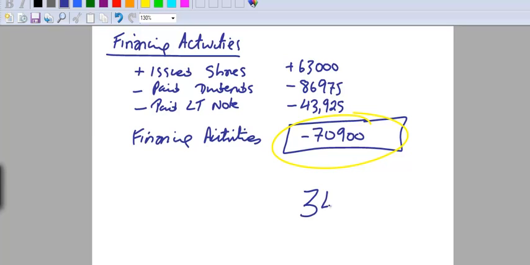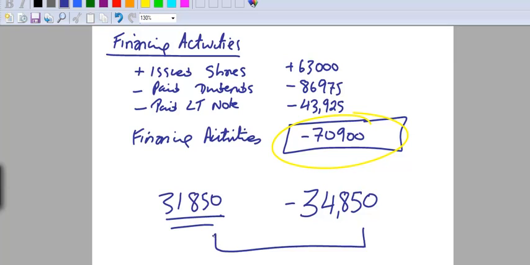I'm going to get 34,850. So I have to come up to 31,850. How much am I off by? I'm off by 3,000. So next comes my sleuthing abilities. I'm off 3,000. I got to go back and I got to look at something that I've missed.